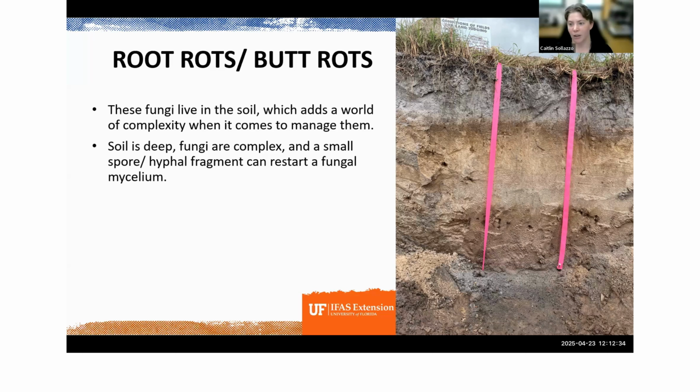So that's why, with all of the technology advances we have these days, we still can't really control them effectively with fungicides. We do have fumigants, and fumigants do work, but even with fumigants, if you have like a strawberry crop or vegetable crop, they fumigate the field every single year, every season.